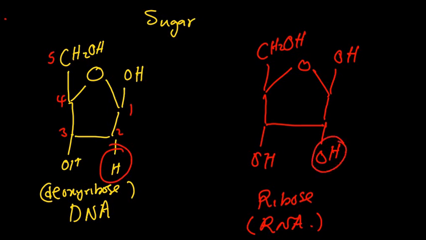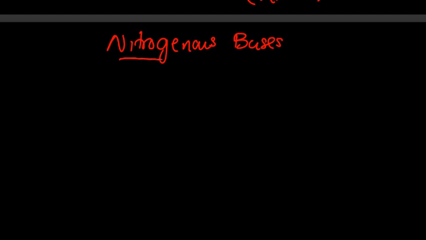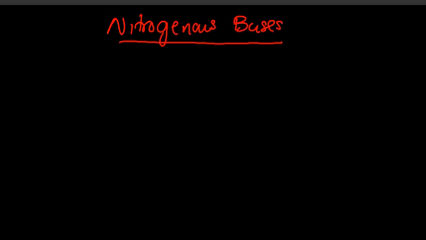So I've talked about the first component of a nucleotide, which is just a sugar. Then we're supposed to talk about nitrogenous bases. So how do the nitrogenous bases look like? So these are 5 in total, the bases that we're going to look at, and they are demarcated into 2 types.